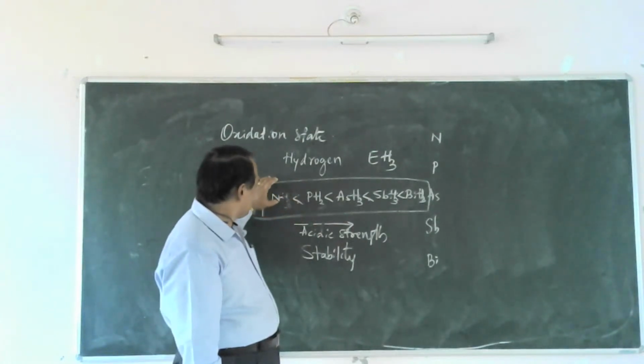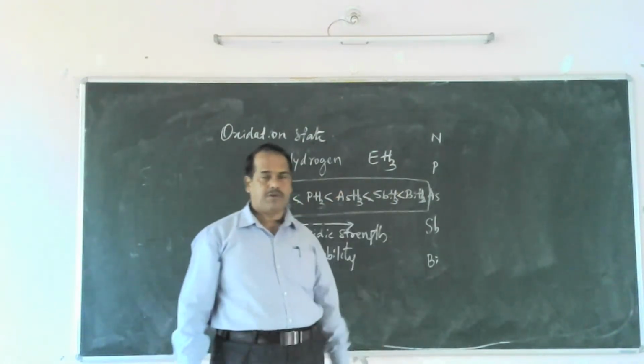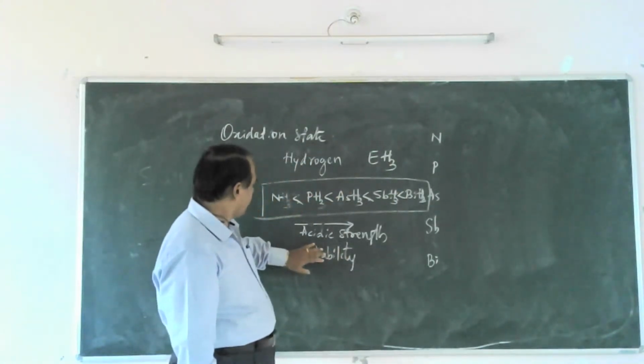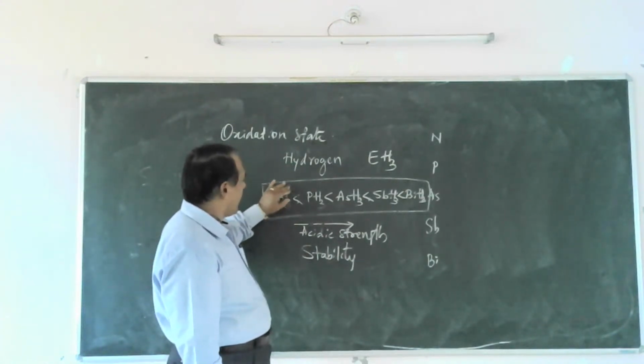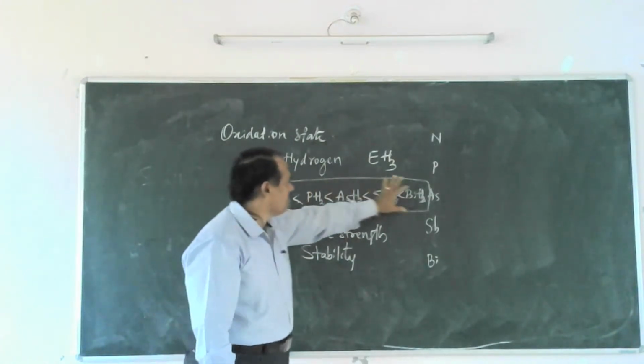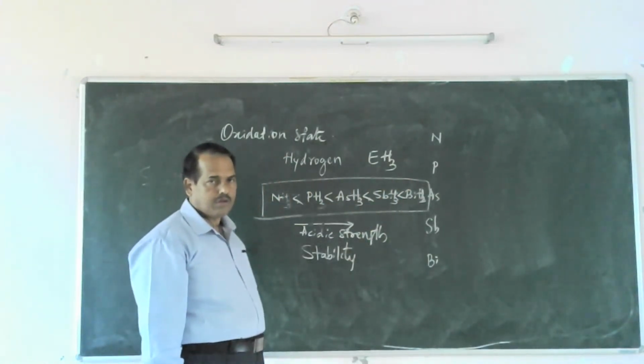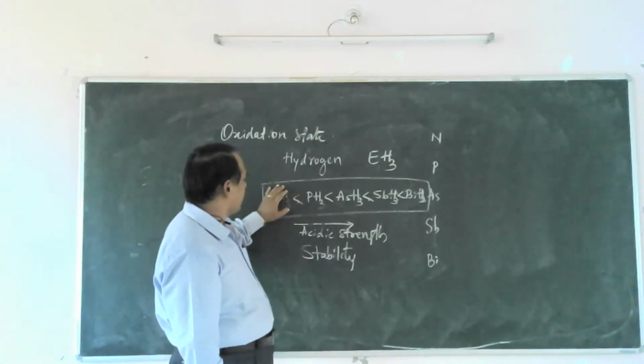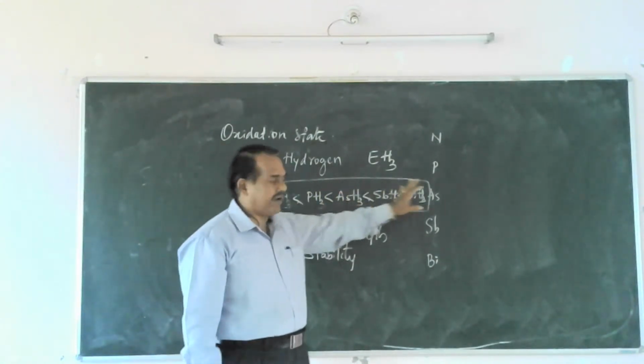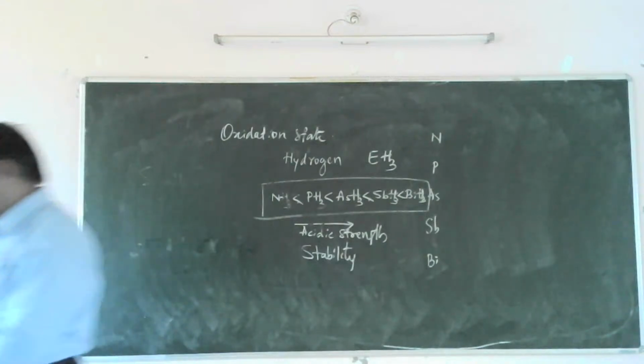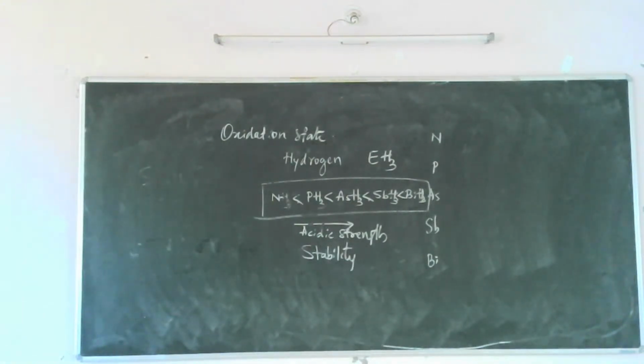The hydride of nitrogen is more stable because it forms hydrogen bonds. We cannot find any hydrogen bond in the others. See, as you compare, which is more stable, ammonia or arsenic hydride or bismuth hydride?